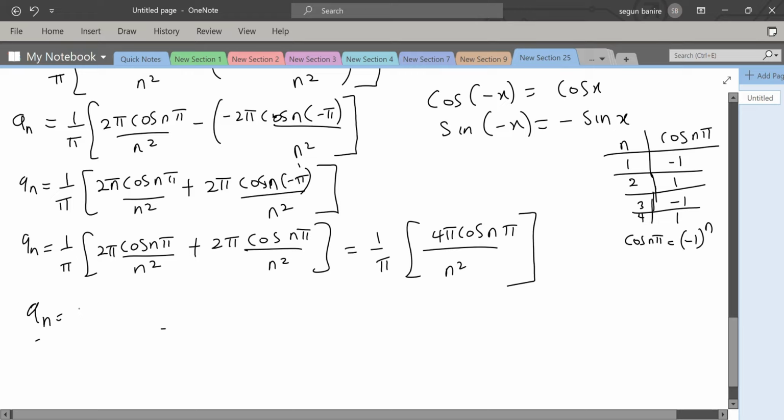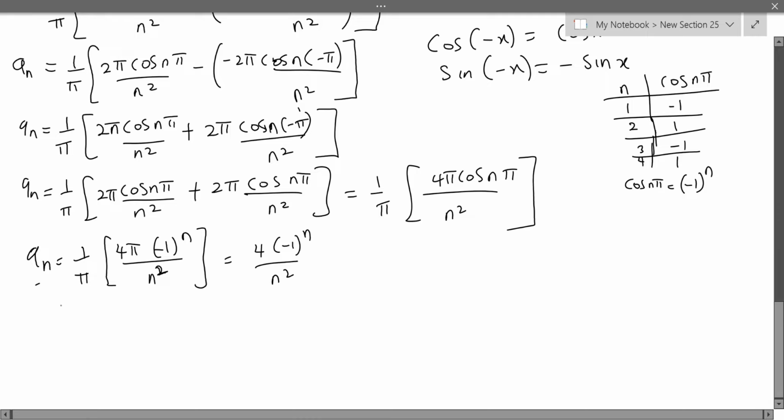So we get 1 over pi, then we get 4 pi times minus 1 raised to the power of n over n squared. So pi cancels pi, and you will get 4 times minus 1 raised to the power of n over n squared. Alright, so that is the value of an.